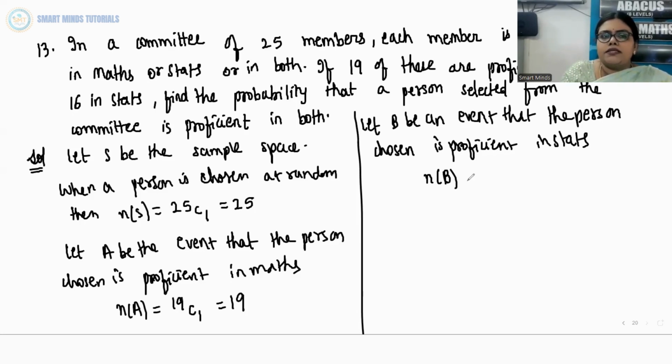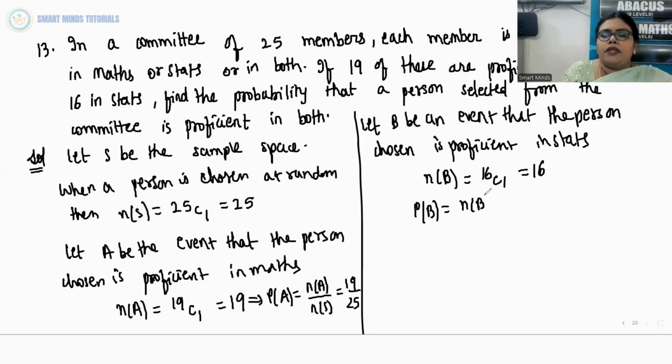So N of B is 16C1, that is 16. So if N of A is 19, what is P of A? P of A is N of A by N of S. That is 19 by 25. And over here, what is P of B? N of B by N of S. That is 16 by 25.